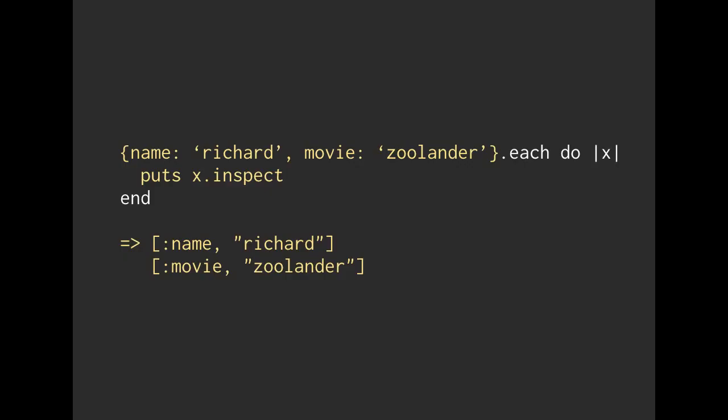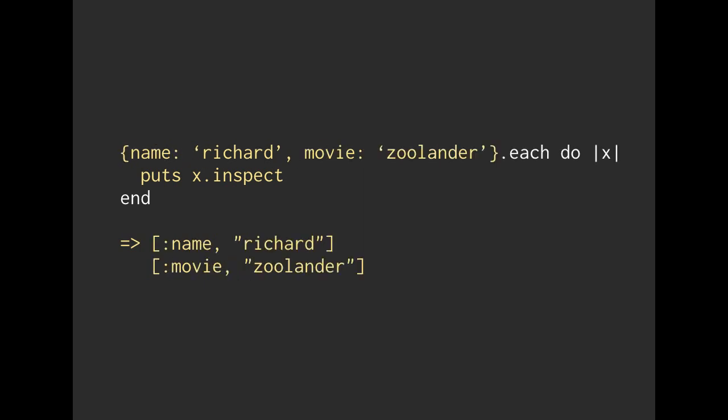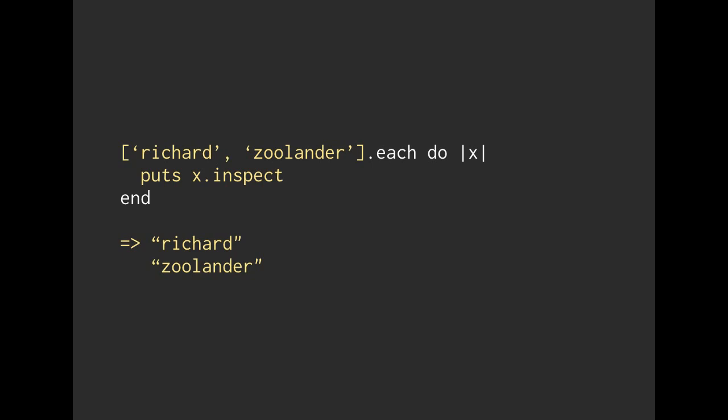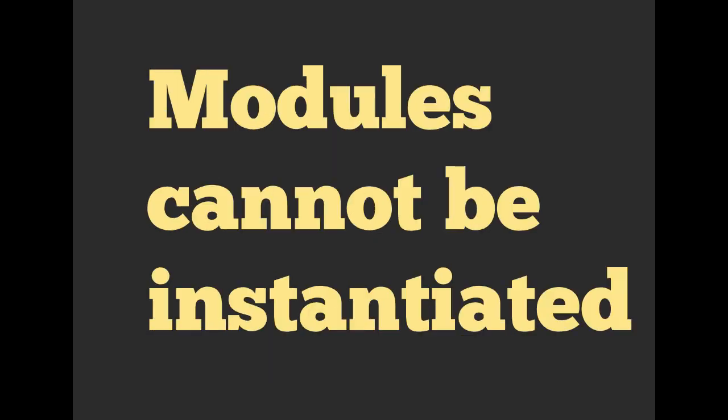And so each of these implement .each. They share all of those same methods that enumerable has, which is great because hash and array don't have to inherit from enumerable, but we can just mix those methods in. So we're just basically adding in methods, which is perfect 99% of the time.